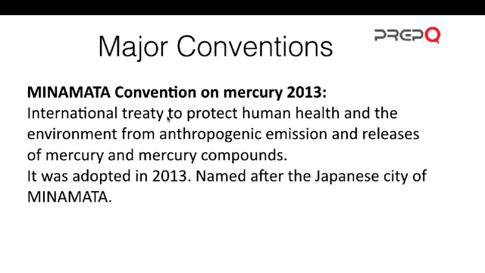It's an international treaty to protect human health and environment from anthropogenic emission and releases of mercury and mercury compounds. Anthropogenic here means which are created out of human activity. So we are not against mercury or mercury compounds occurring naturally, but it is the mercury that is produced because of human activity. And it was adopted in 2013 and named after the Japanese city of Minamata, where the convention was held.